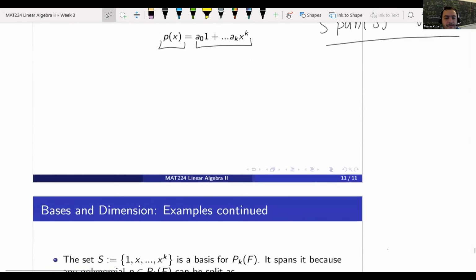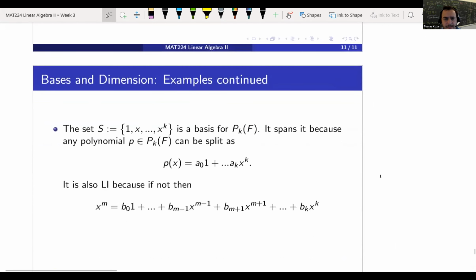But what does that mean? It means that you wrote down p(x) as a0 v0 all the way to ak vk. So this is v0, this is v1, and this is vk, right? So we show that any element can be written in this way.